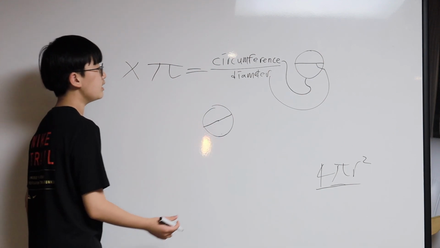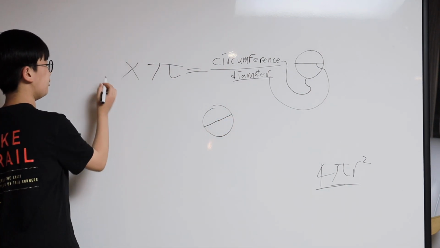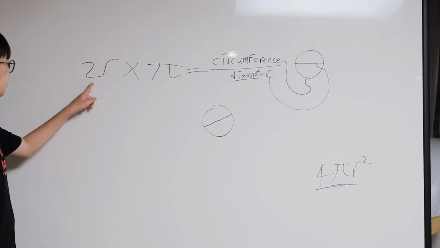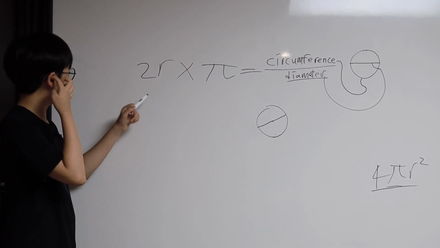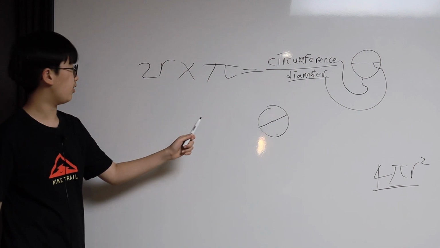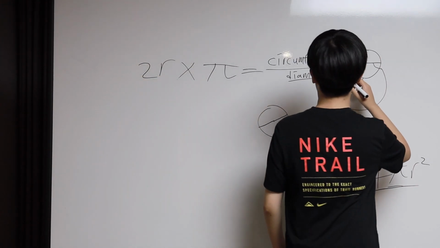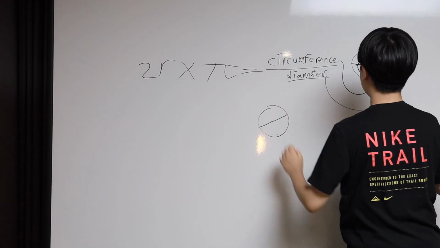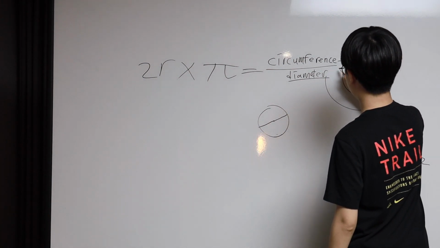So if you want to get rid of the diameter, we can multiply 2 times r times pi. We multiply that to both sides, so we can keep the equal sign.